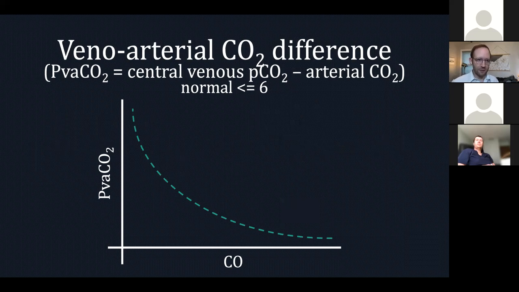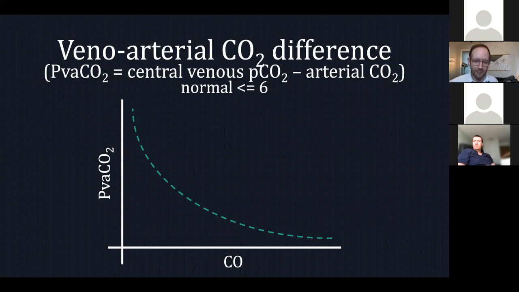But this is the relationship between cardiac output and the delta CO2. Higher numbers are associated with lower cardiac output. The relative stasis of venous blood flow causes the venous blood to pick up more CO2. So by the time you measure that central venous PCO2, it's much higher than the arterial PCO2. Sorry, there's a typo on that slide. It should say arterial PCO2.